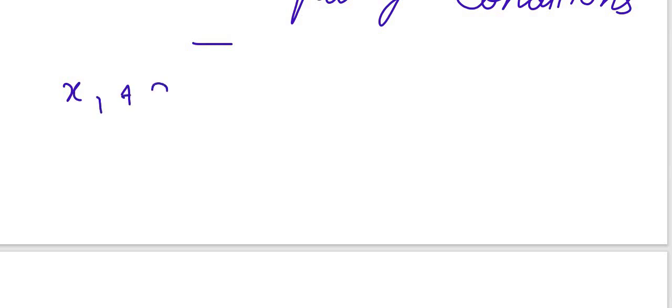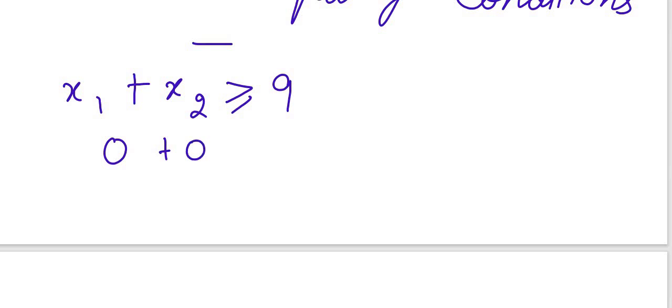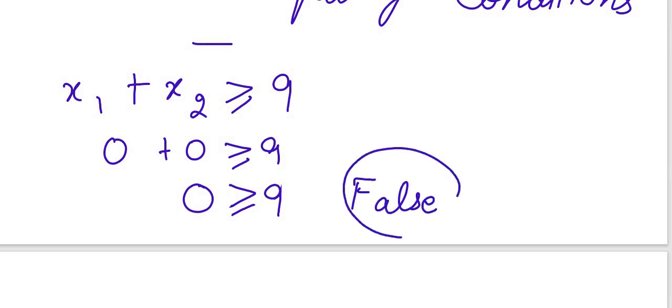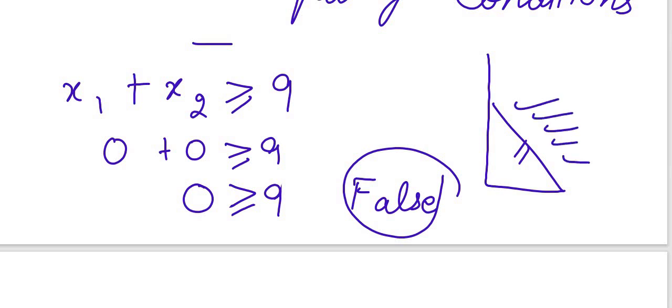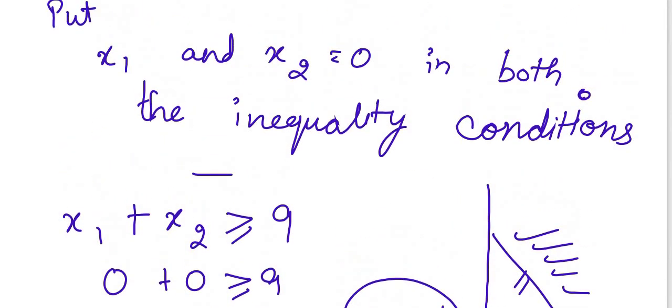First we have x1 + x2 ≥ 9. If you put 0 + 0 ≥ 9, we get 0 ≥ 9, that is false. And once we get false, this means our feasible region will not be towards the origin but away from the origin. Now let's see this in the graph.